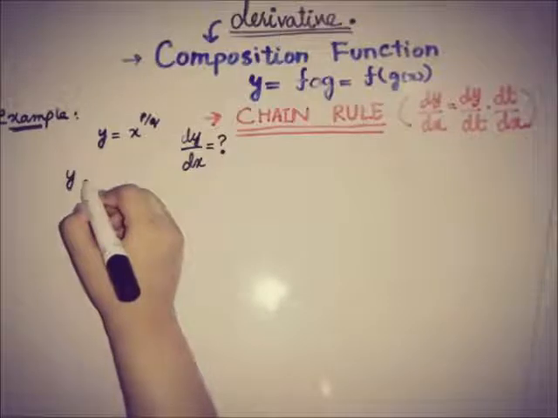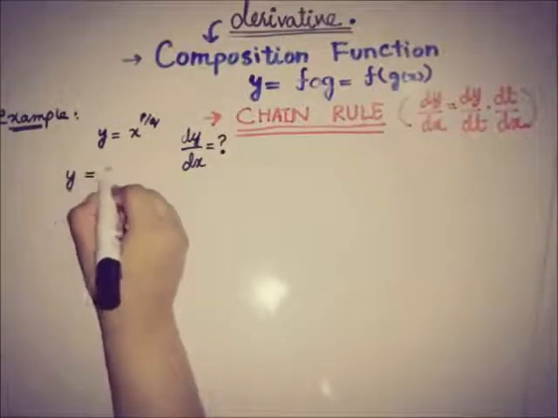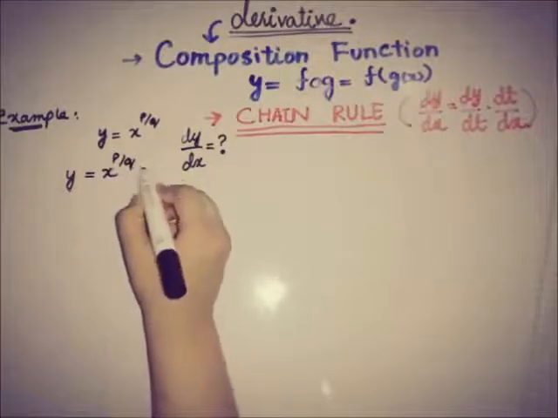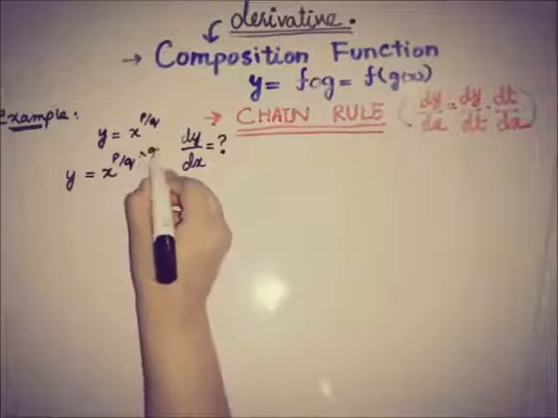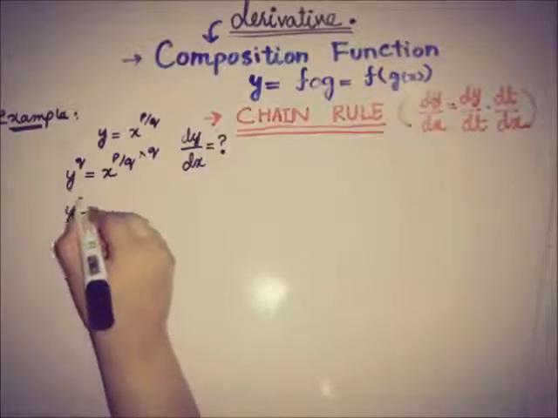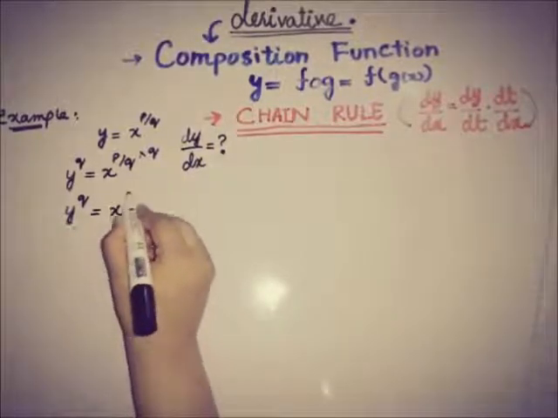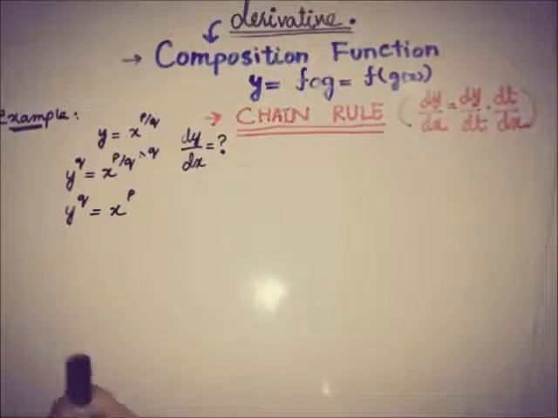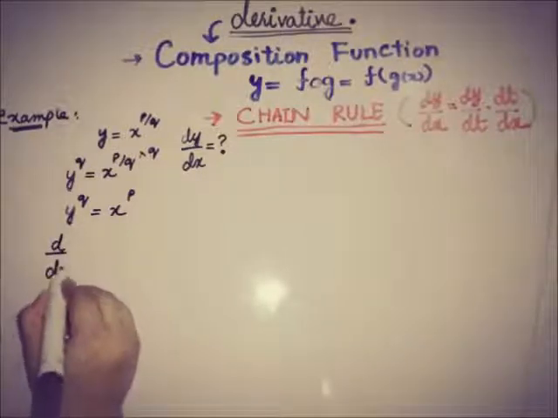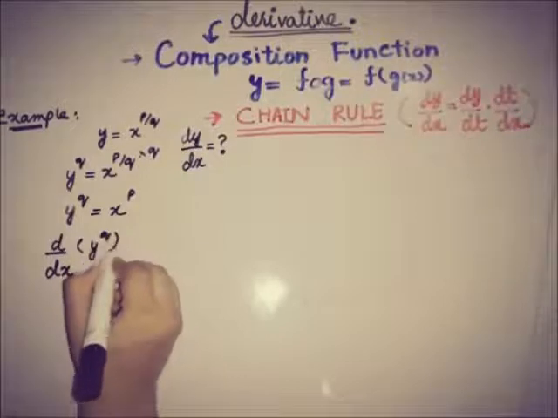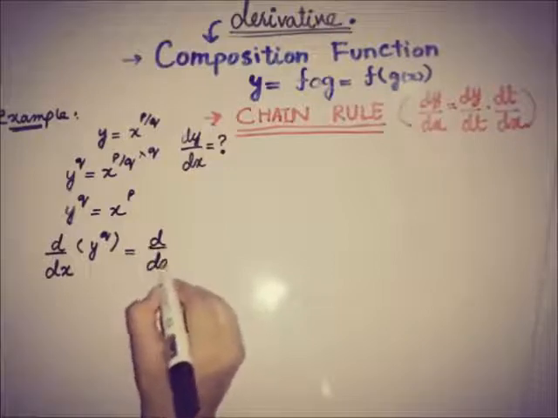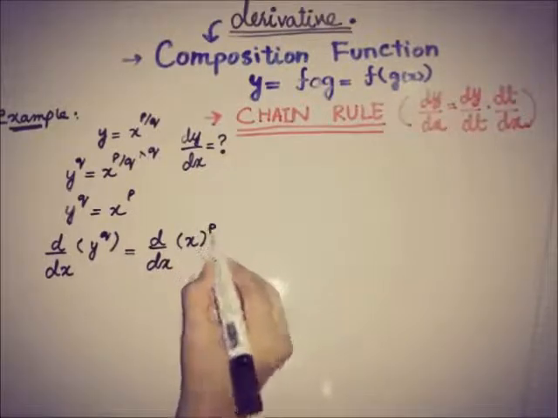If y is equal to x to the power p by q, and if we raise both sides to the power q, then we will get y to the power q equal to x to the power p, and we will find the rate of change of y to the power q with respect to x, and the rate of change of x to the power p with respect to x.